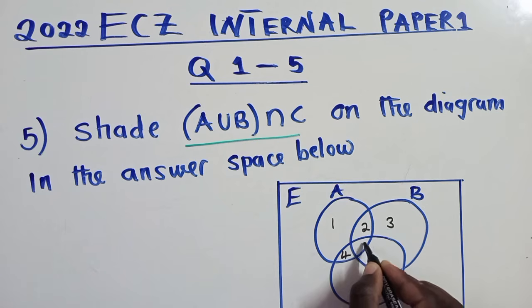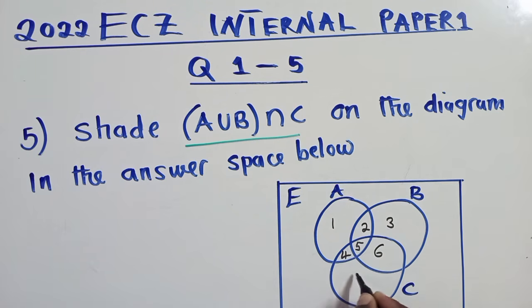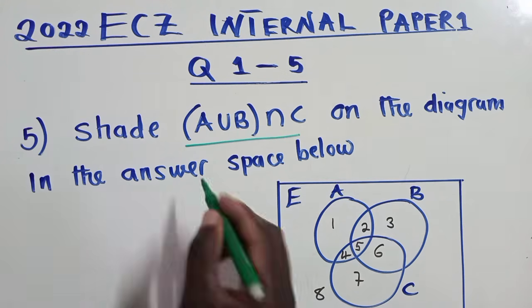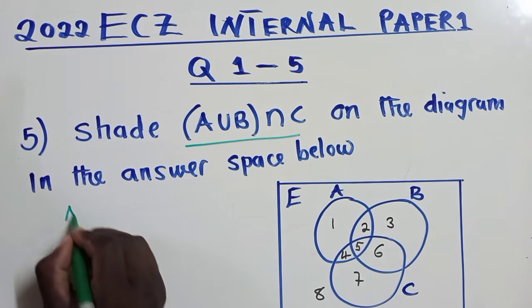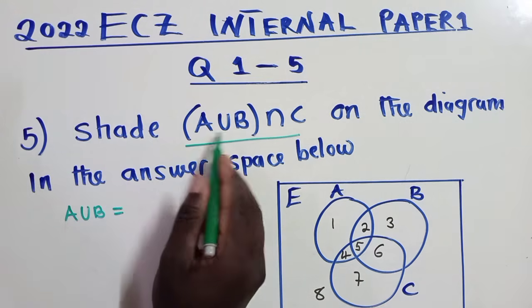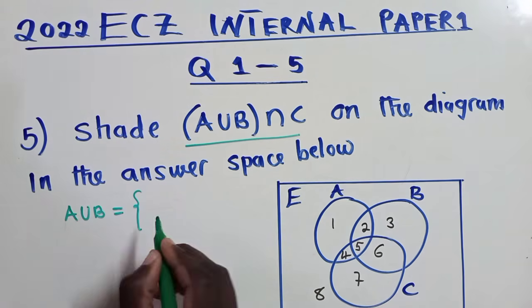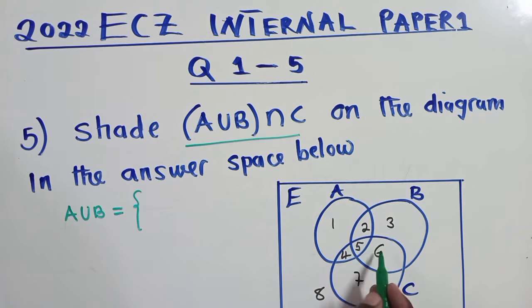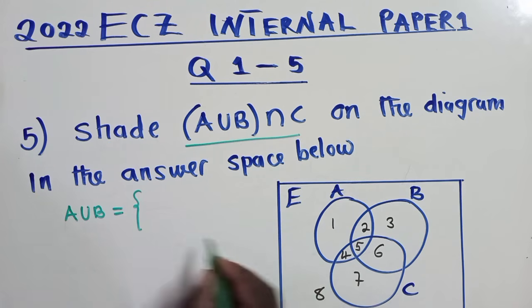I guess you can see what I'm talking about. So these are the numbers that we need to put in the spaces. Okay. So after putting the numbers, you identify your A union B. So what is our A union B? And this is the reason why you are putting numbers, so that it's easier for us to identify.